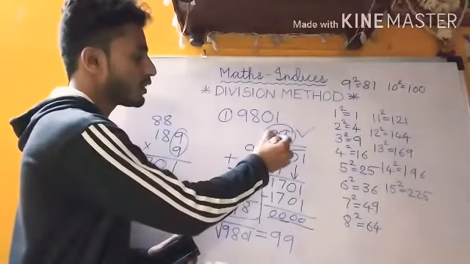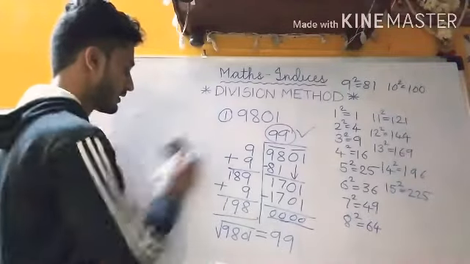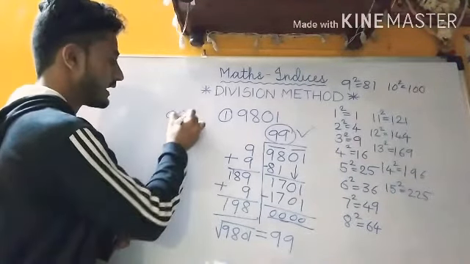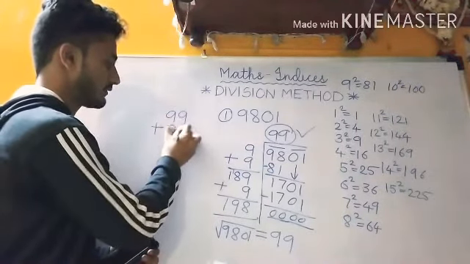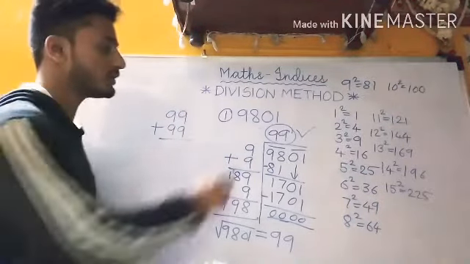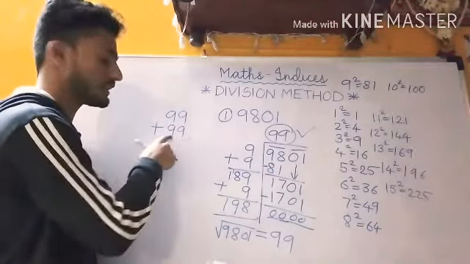What you will do is take this number 99, take the answer and add it with itself.